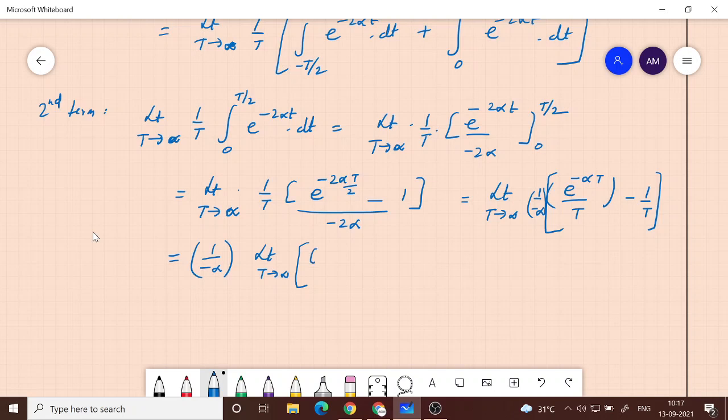It is basically 1 minus alpha t plus alpha t whole square by 2 factorial plus etc. So it's a series, and then the whole thing is divided by t minus 1 by t.